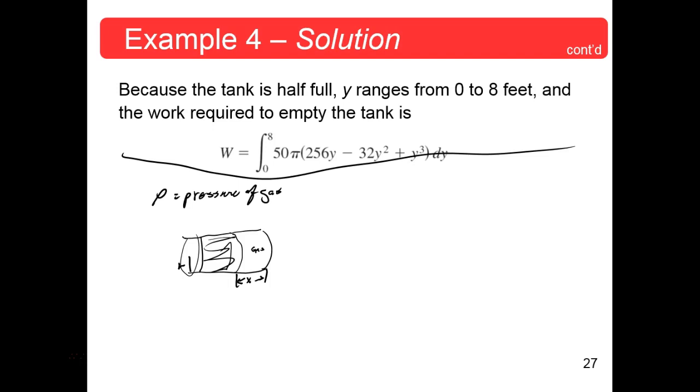V is the volume of the gas in cubic feet.